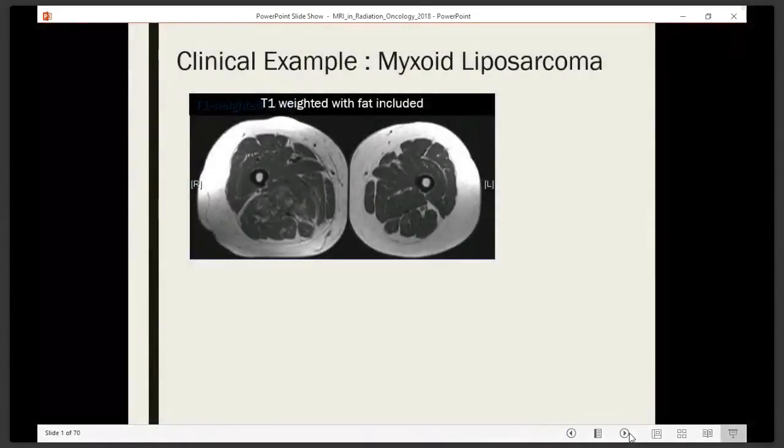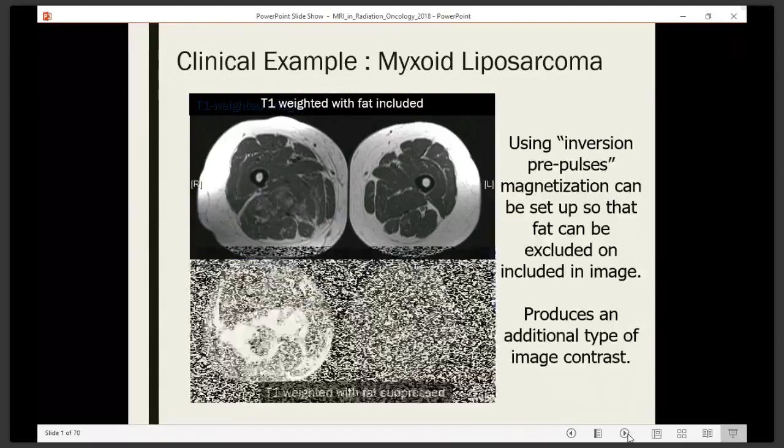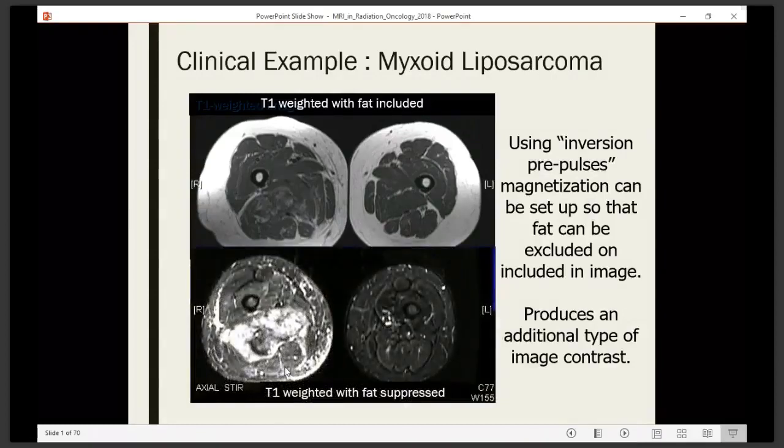For example, here's a T1 weighted image of a couple of legs. And if you look very carefully, you might be able to find this lesion here, but you wouldn't be all that clear about it. But if we were to get rid of all the fat and you give a T1 weighted and fat suppressed image, you can certainly see there's a lot more signal coming from this leg, and you see where the lesion is here compared to the normal leg.